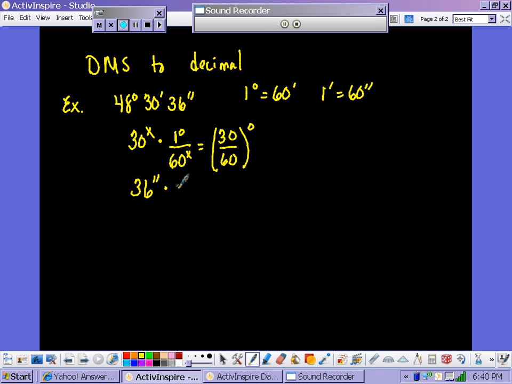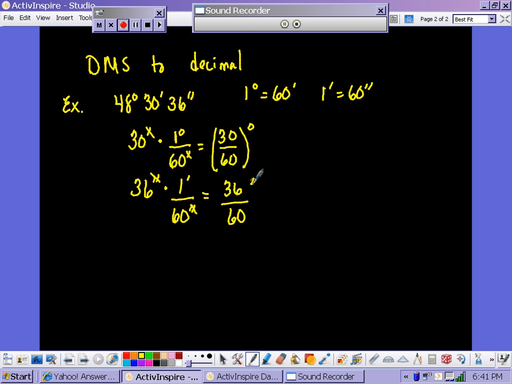So now at the top we're going to have 1 minute, at the bottom we're going to have 60 seconds. Okay, so then the seconds cancel out, and we end up with 36 over 60, and we want to convert this to degrees. And we know 1 degree equals 60 minutes.